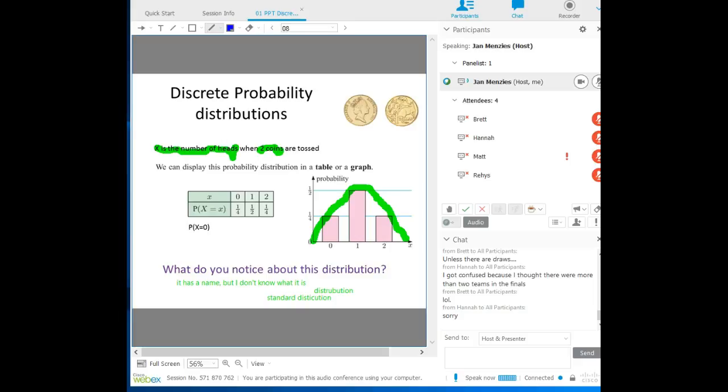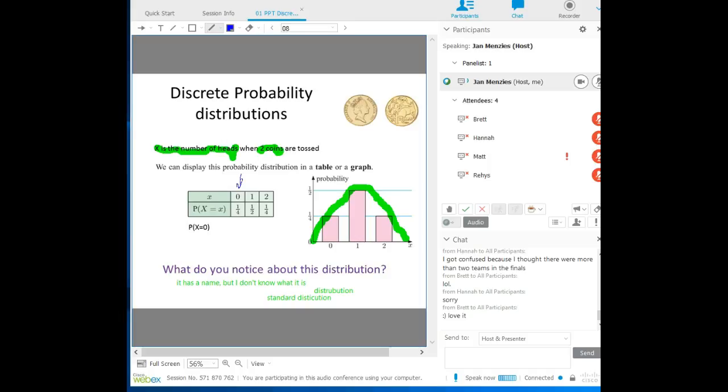The variable x is the number of heads when two coins are tossed. So the outcomes, the little x, is you could have 0 heads tossed. You could have 1 head tossed. You could have 2 heads tossed. So there are only 3 outcomes and they're countable. So it's a discrete random variable.